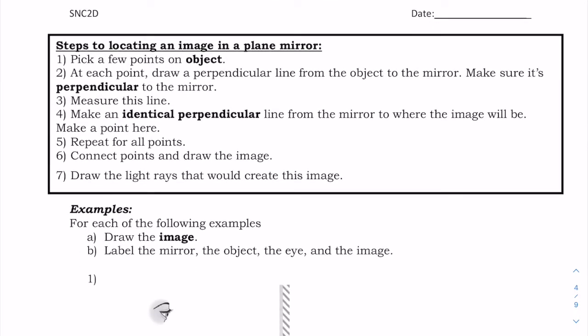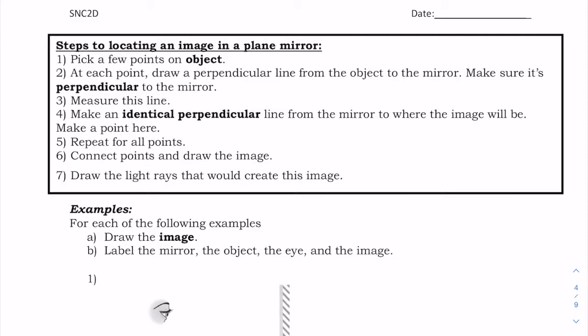All right, let's look at the following steps to locating images in a plane mirror. What you'll do is pick a few points on the object. This is entirely up to you, but pick nice points. At each point, you'll draw a perpendicular line from the object to the mirror. Do make sure it's perpendicular, that's important. Measure this line, so I guess what you'll do is use a ruler.